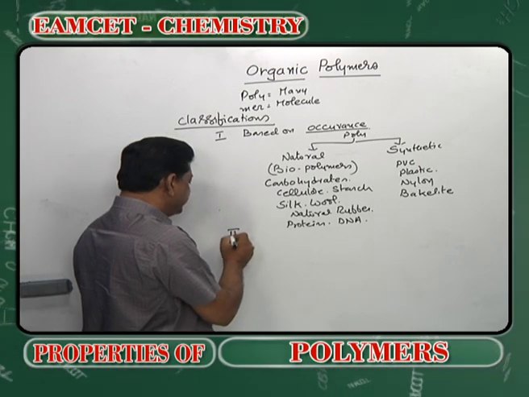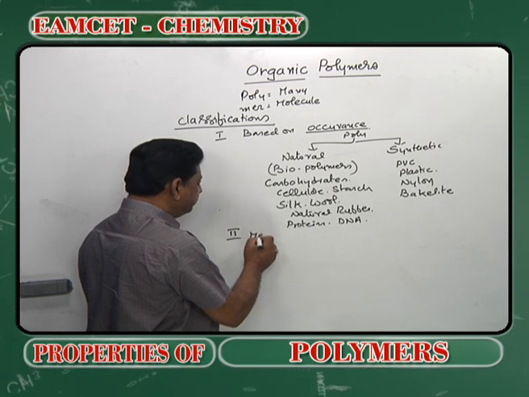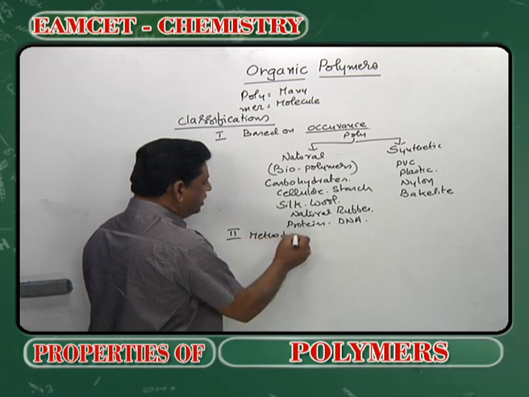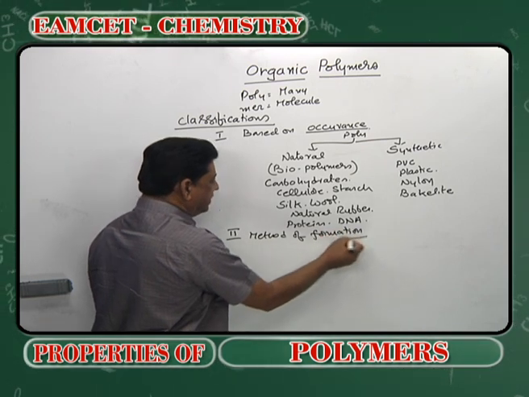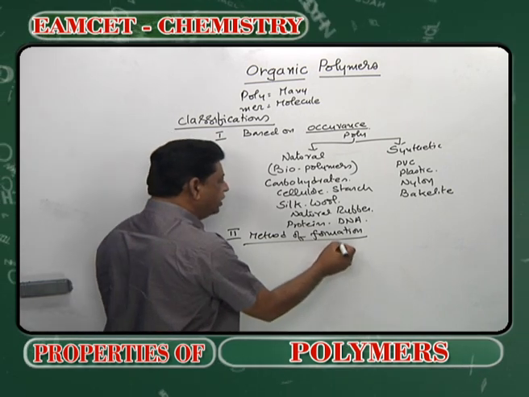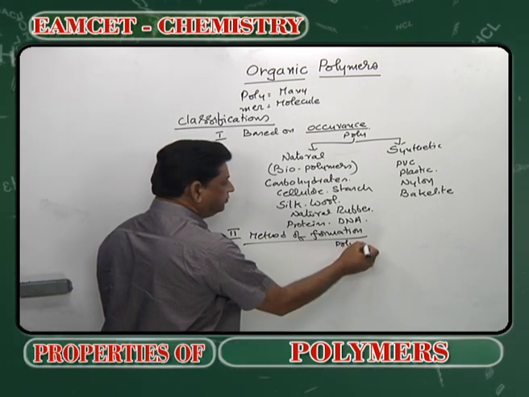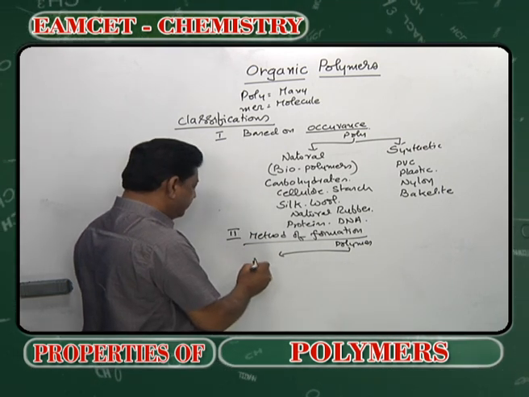Now this is one type of classification. Another type of classification is based on the method of formation. How these polymers are formed, based on that we can classify polymers into 2 types. First one is addition polymers.